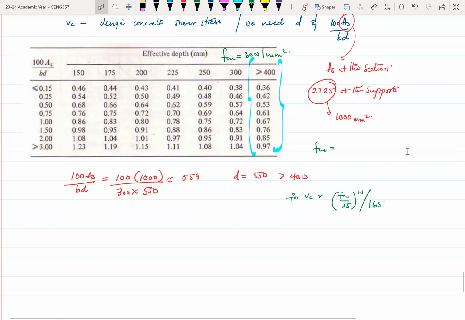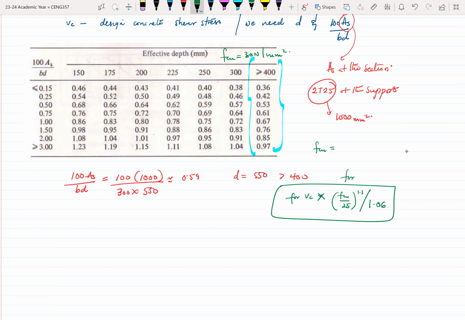So I'm way off. It's 1.06. All right. So this table has the multiplication already done. So this is for different values of VC. All right. Okay.